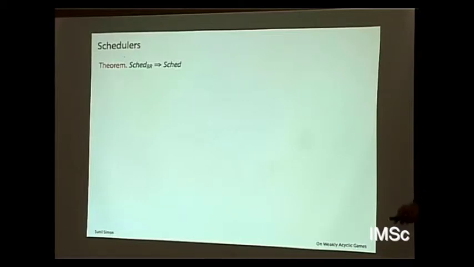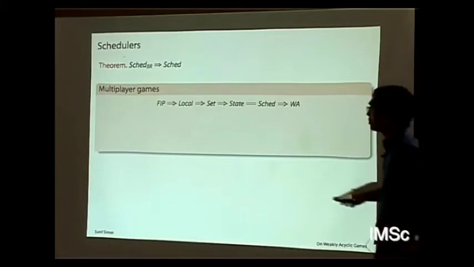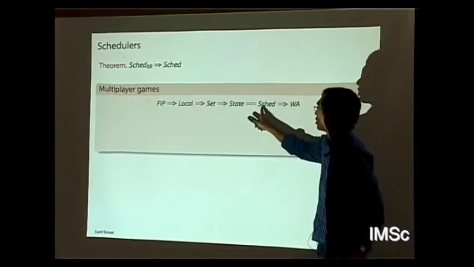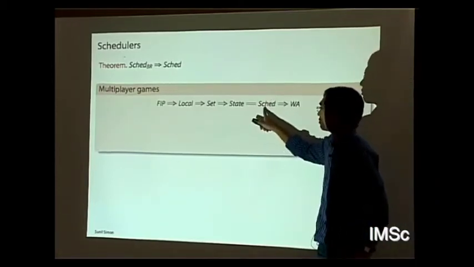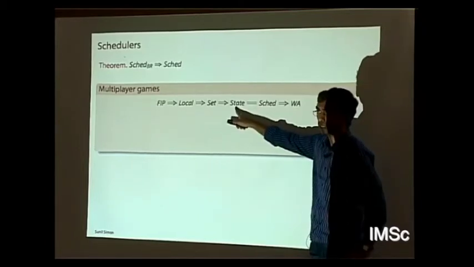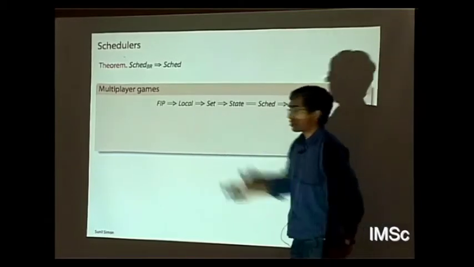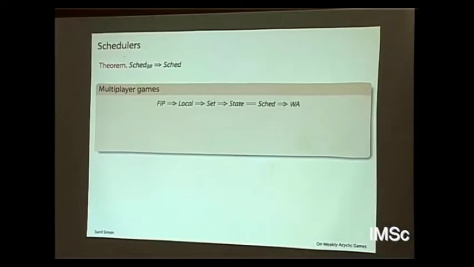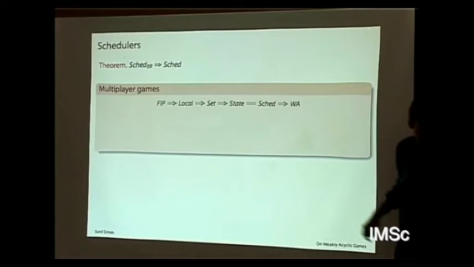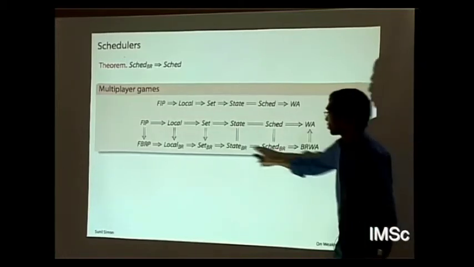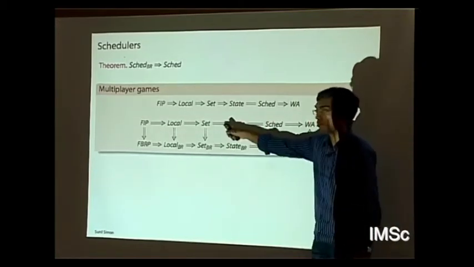So how does this picture look like finally? Well, here these two classes are the same. You don't need prefix, you don't need history. You can just do it with state. Everything else is a strict inclusion. And for each of these classes, you can again look at the best response. Here it's just improvement paths.